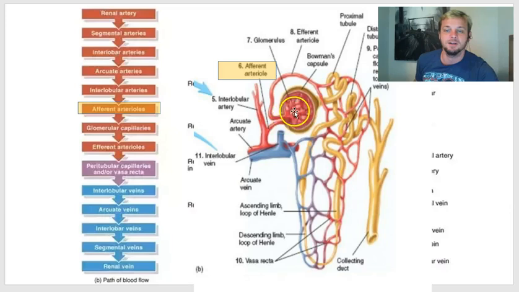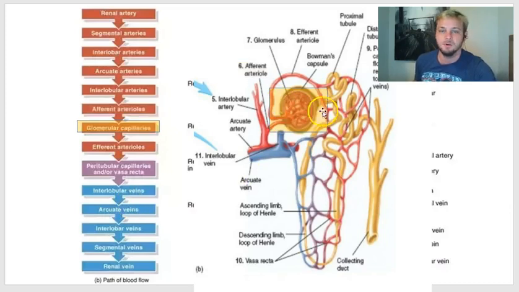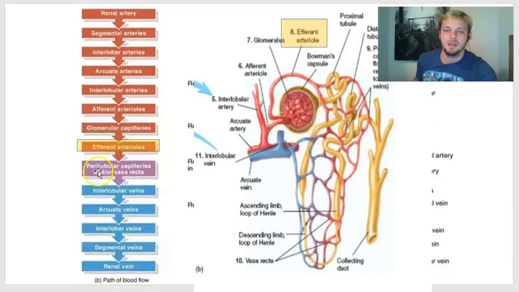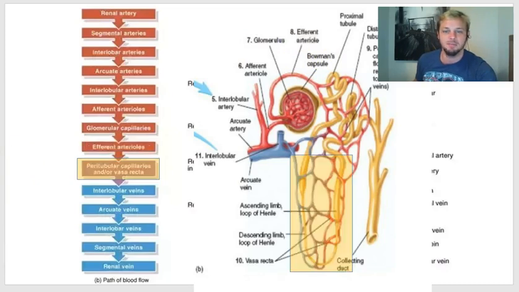And so these capillaries are actually under a lot more pressure than your normal run-of-the-mill capillaries. So here's your glomerular capillaries, and then you get your efferent arterioles coming out of that glomerulus. And then your efferent arteriole comes down and becomes your capillary bed.